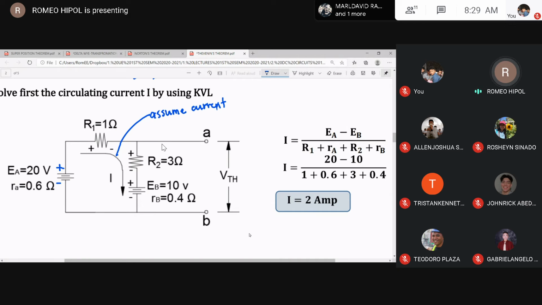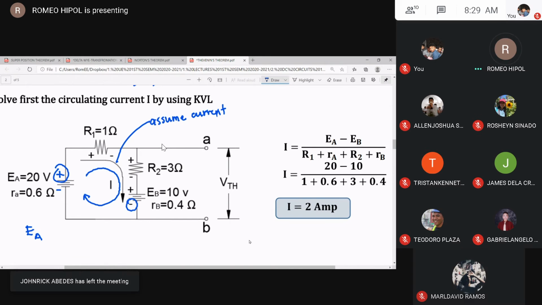So, ginamit natin yung assumption ng current to set polarity for the resistances R1 and R2. Okay, by applying KVL at this loop, get the polarity. Positive E sub A.